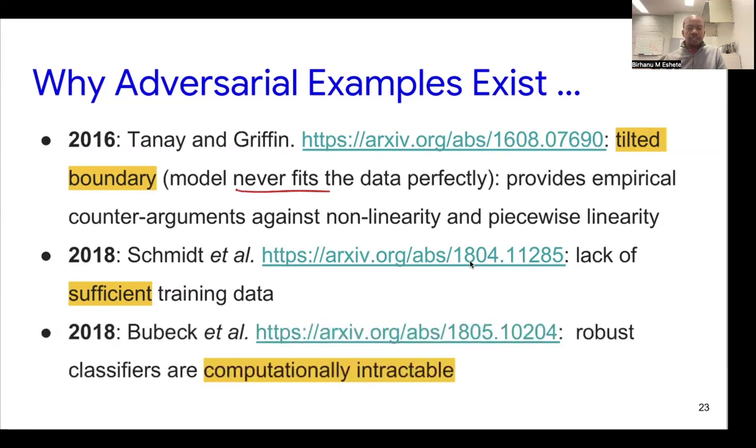And then also in 2018, there was the theory that building robust classifiers is computationally intractable. So we're going to be bounded by computational power. Therefore, there will always be some pockets of the data distribution where adversarial examples are going to manifest.